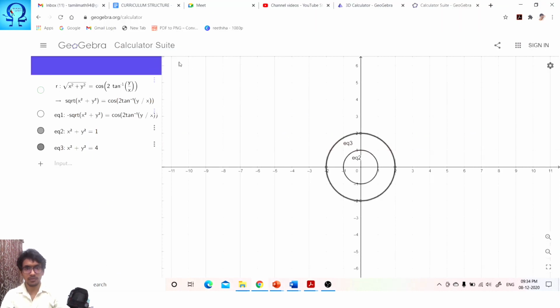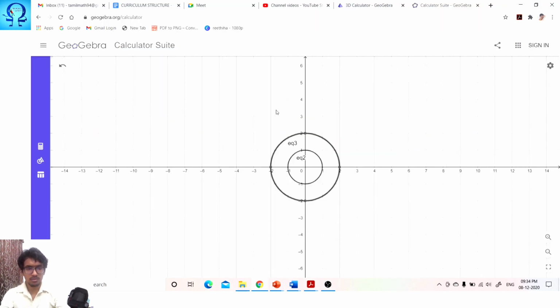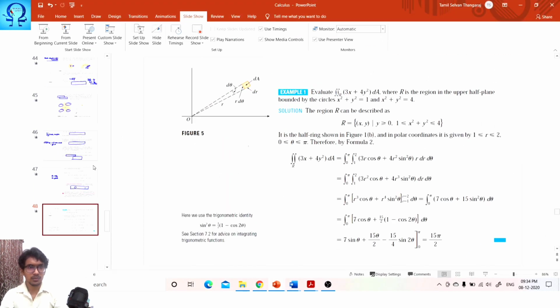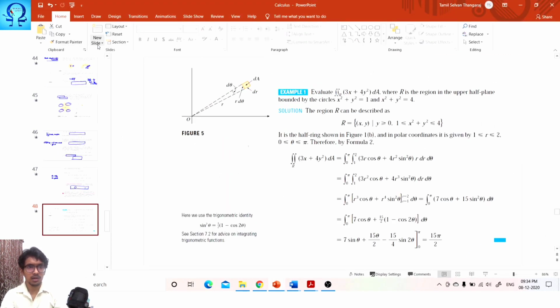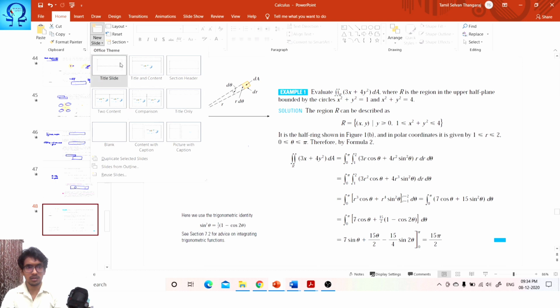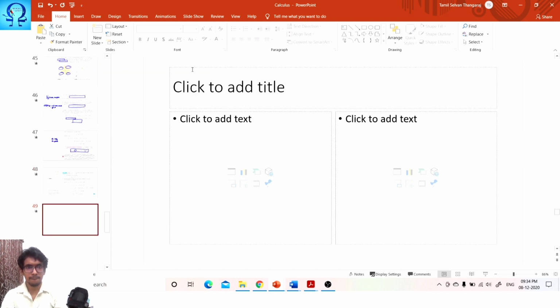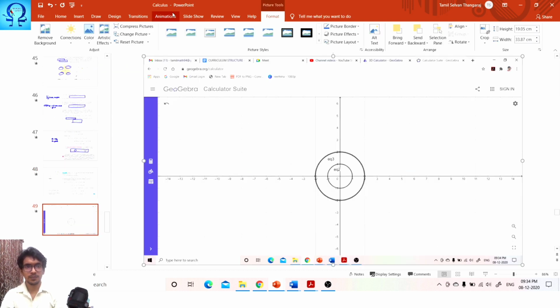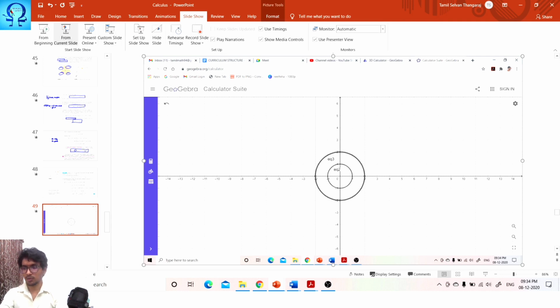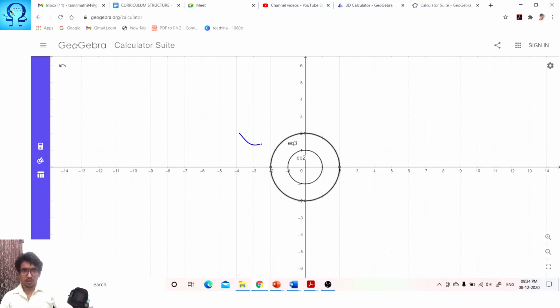Just a minute. Let me add a new slide. Yes, hope you can see now. So this is the common region between these two circles in the upper half plane. Only this part of the circles is to be considered.